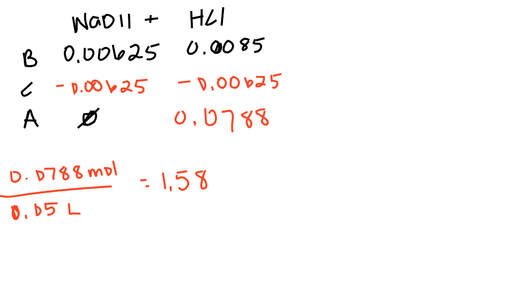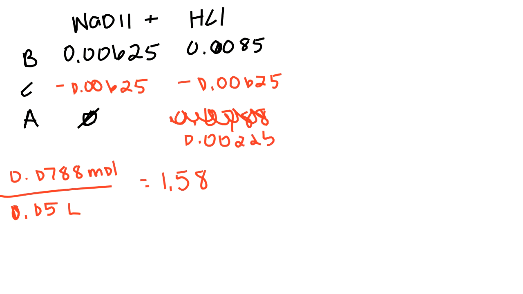Let me just double check that I did that right. Nope, I definitely didn't at all. So, all right, so this number is wrong. 0.0085, something must have happened when I typed it into my calculator. So we're getting 0.00225.